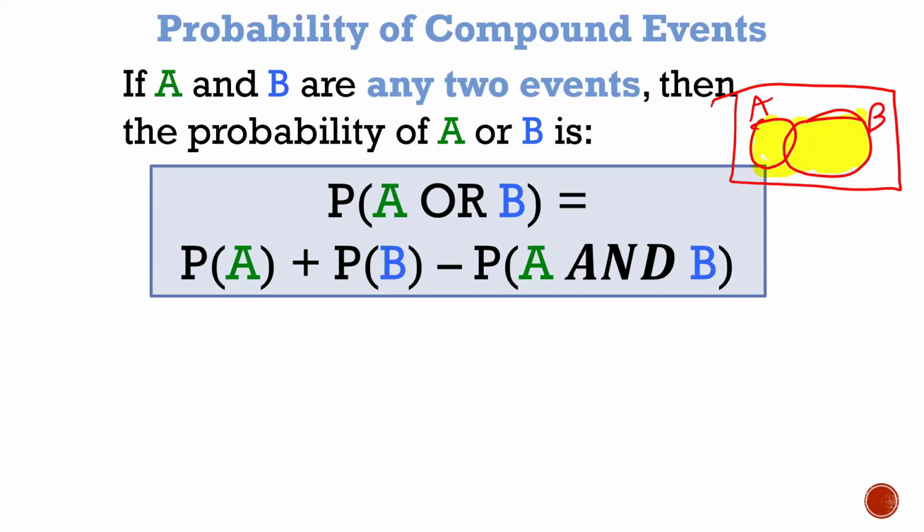This is A or B, right? Well, the straightforward approach would be, all right, what's the probability of drawing a heart? Well, or a king. I'm going to add the probability of drawing a heart to the probability of drawing a king. Well, the problem with that is if the two events are overlapping, you are double counting some outcomes, right? So to adjust for that, you have to subtract the overlap, which is the intersection, right?